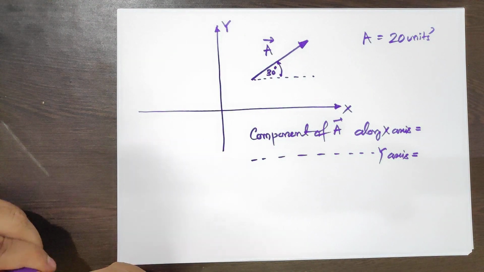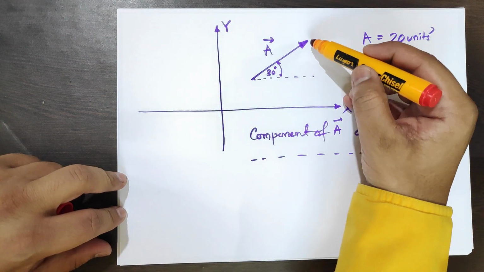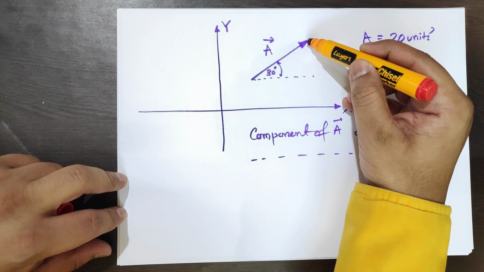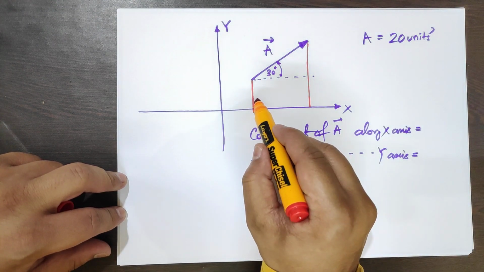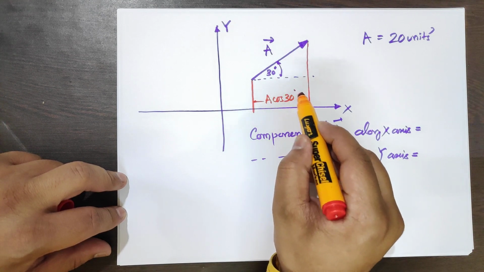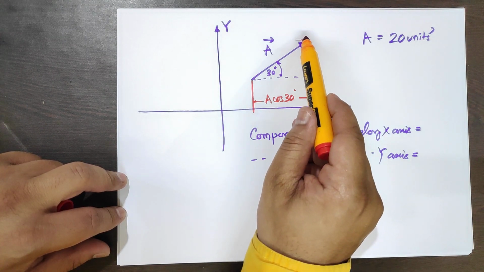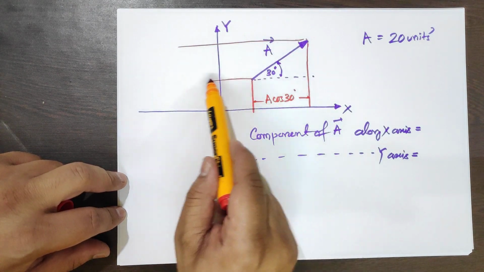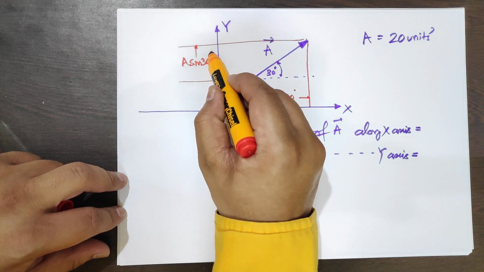So along the x axis, you draw the perpendicular on the x axis. This is it, right? So that's A cos 30. And draw the perpendicular, that is the projection, on the y axis. So this is equal to A sin 30.